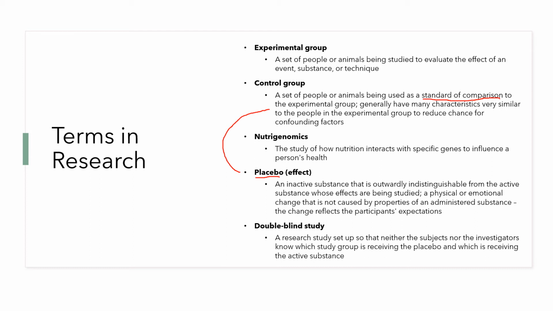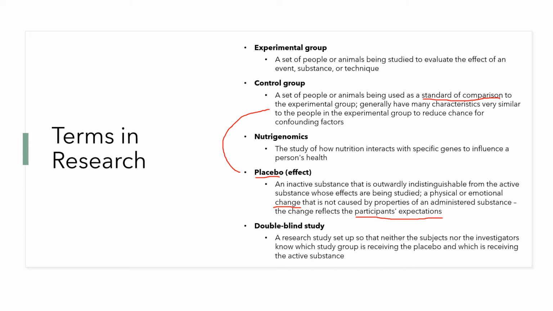And then placebo effect is when you actually see a change, whether that's a physical or an emotional change, that is not caused by anything other than the participant's mind or perceived expectations. So placebo effect is when you're seeing an effect from the placebo.